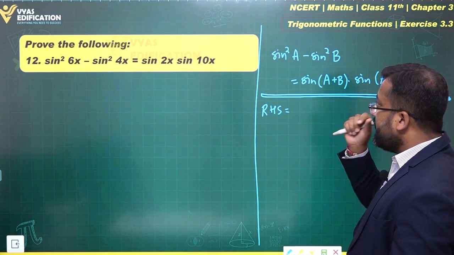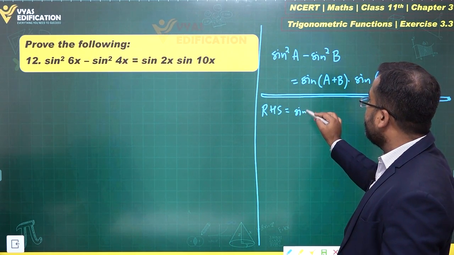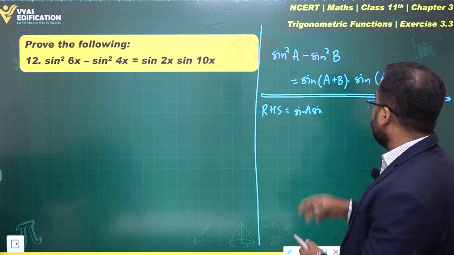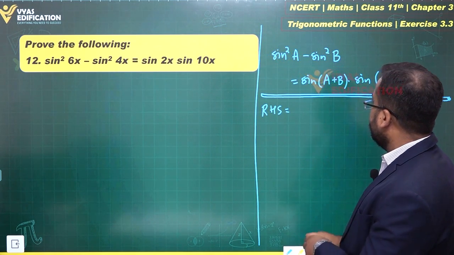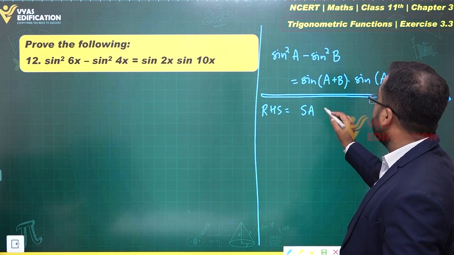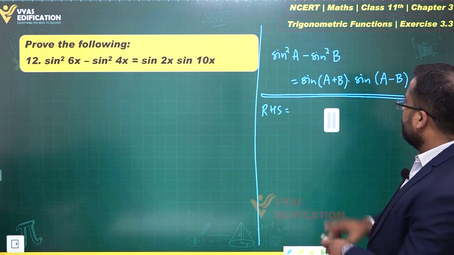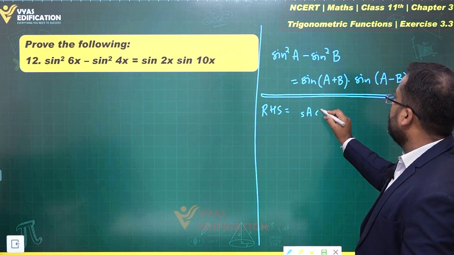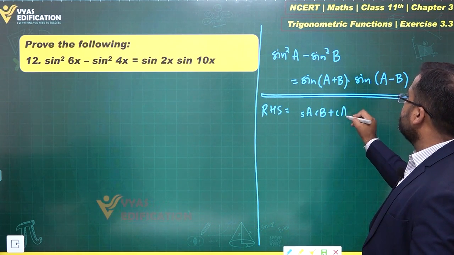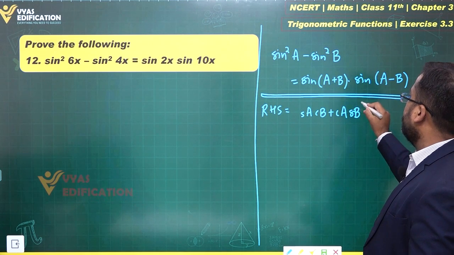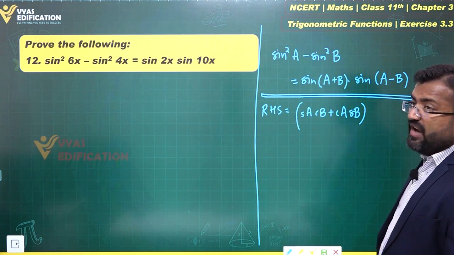So, sine of A plus B is sine A cos B plus cos A sine B, right? Let's write it as this. This is one factor.